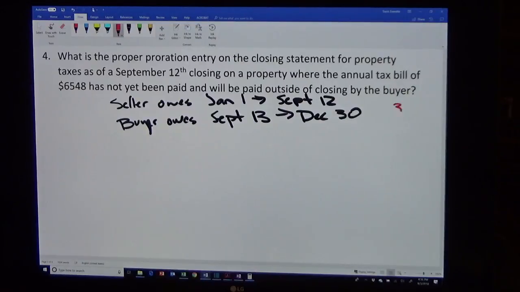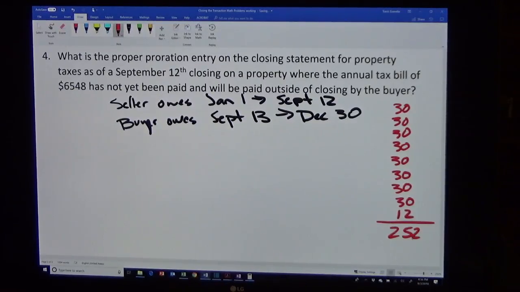Well, they owe for all of January, February, March, April, May, June, July, August, and 12 days in September. 1, 2, 3, 4, 5, 6, 7, 8 times 30 is 240, plus 12 days is 252 days. So the seller owes for 252 days.